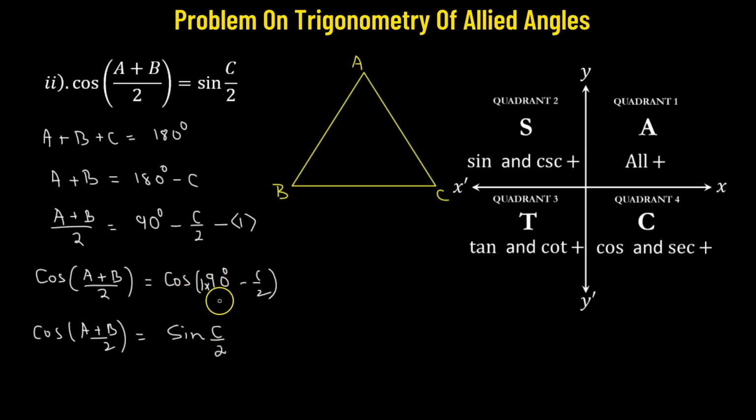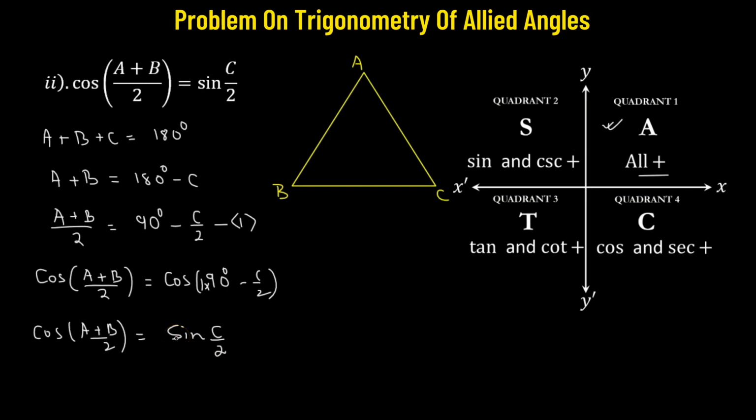And we'll also have to confirm in which quadrant it lies. So 1 times 90 means we are in the first quadrant, and subtracting C over 2 from it is still not going to affect it because C is an acute angle lying between 0 and 90 degrees. So C over 2 is also going to be an acute angle. So we're going to lie in the first quadrant where all the functions are positive. So we get cosine of (A plus B) over 2 equals sine of C over 2.